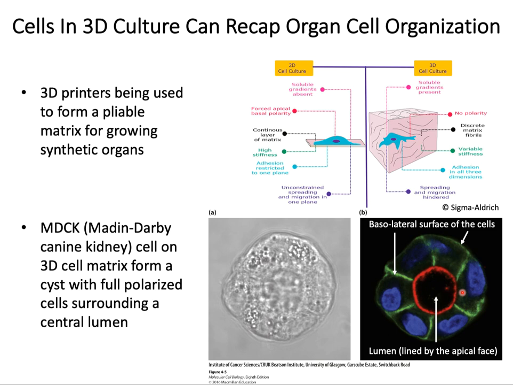The cells have been stained with a red dye or a fluorophore, which will only bind to a protein found on the apical surface of the cell. So you can see the apical surface is stained red, facing the hollow or the lumen of the structure.